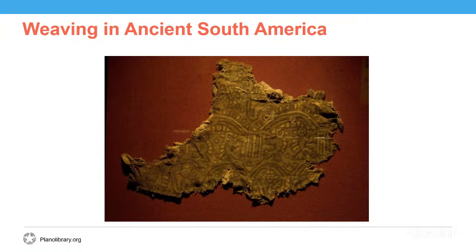And on this fragment of cloth, you can see different fabric dyes were used to paint patterns on the cloth, which takes a lot of work and a lot of artistry. So I always just love seeing this piece of fabric.